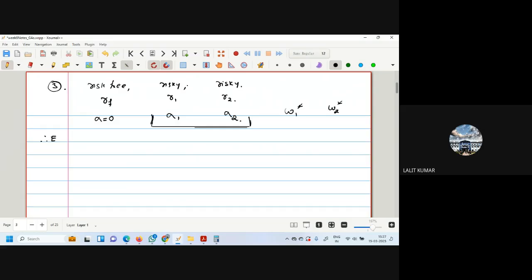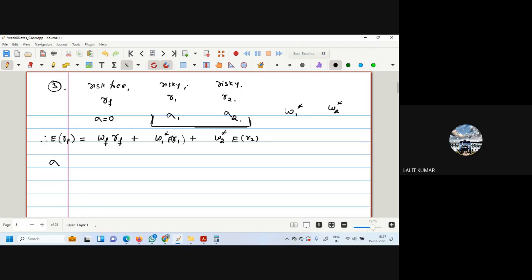And then the total expected return will become W of F, that is risk-free, into RF, plus W1 star into expected R1, plus W2 star into expected R2.